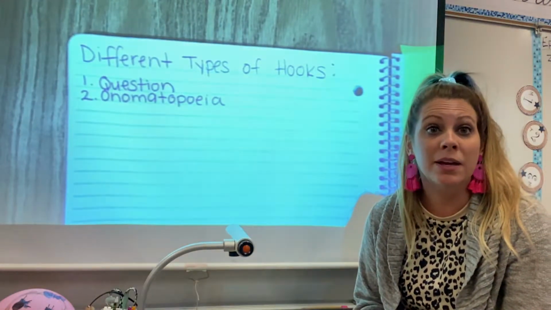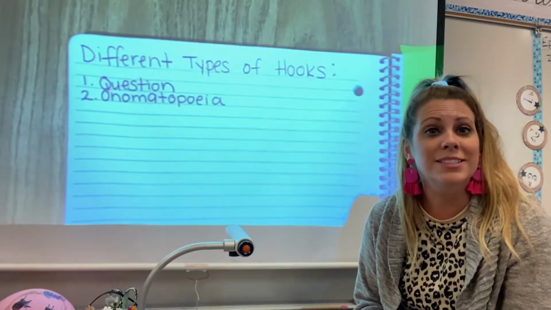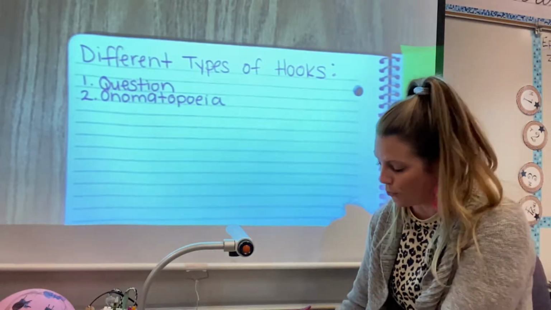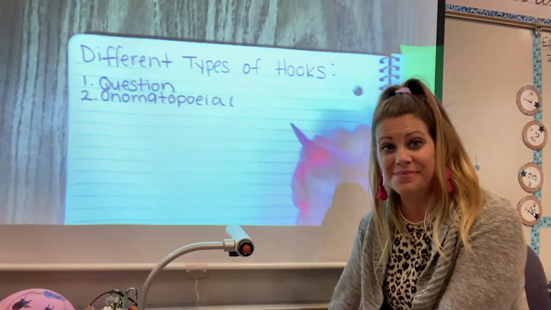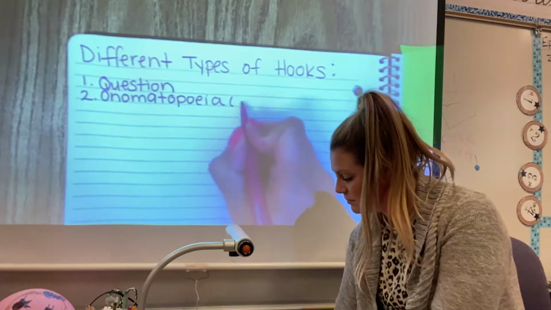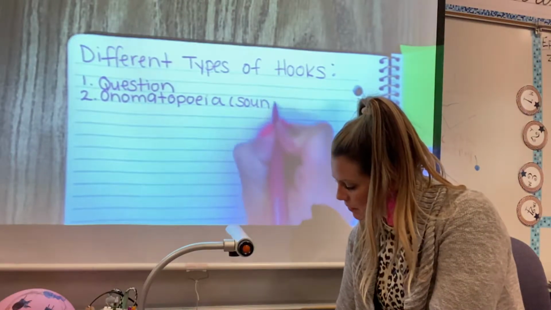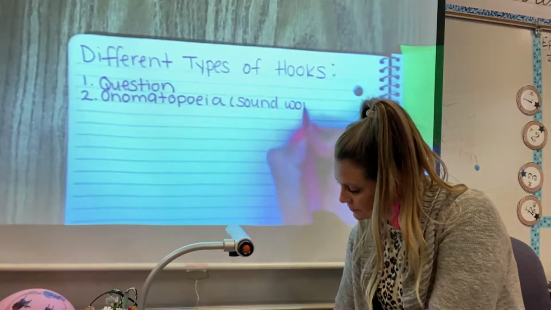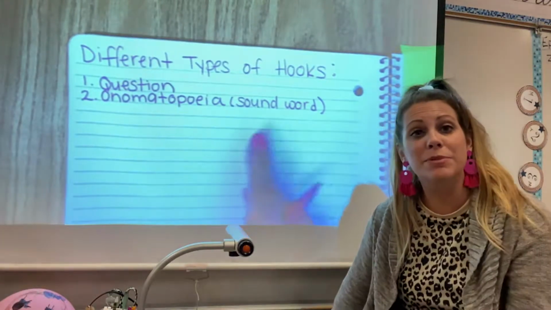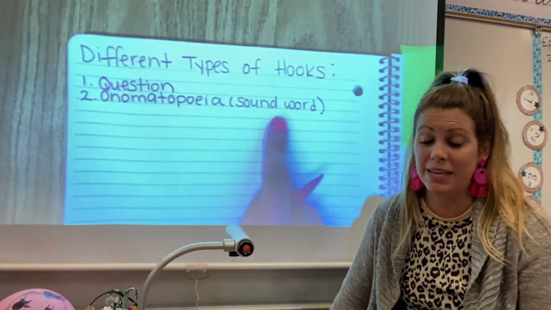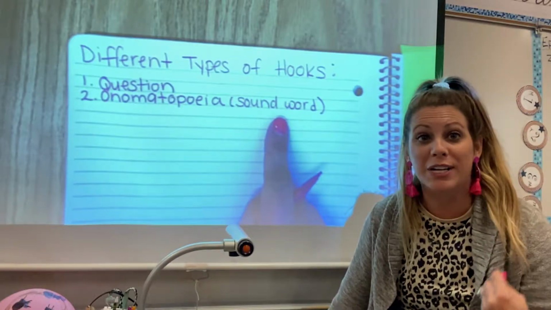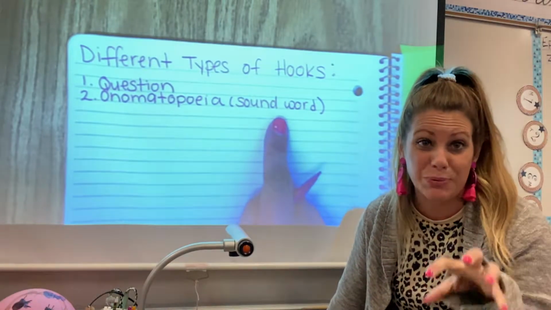An onomatopoeia, I love to say that, is just a fancy word for, do you know? For a sound word. A lot of times authors put onomatopoeias in their stories, and that really pulls in the reader.